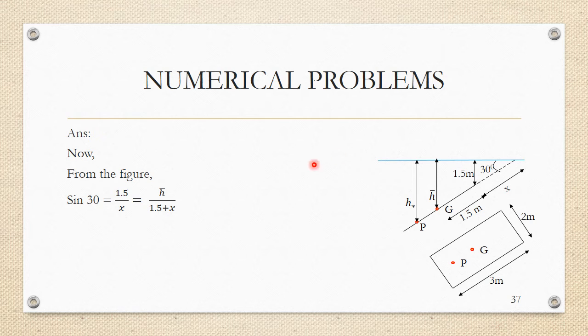And so since I know the value of sine 30, I will be able to get the value of x, and after I find the value of x, I will also be able to find the value of h bar. Solving, I will get x is equal to 3 meter, and once I get the value of x, I will be able to get h bar to be 1.5 plus x into sine 30, which is 2.25 meter.